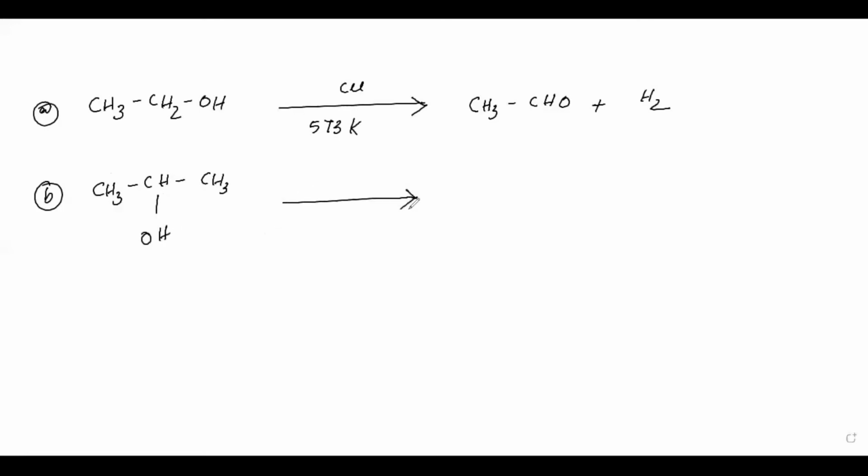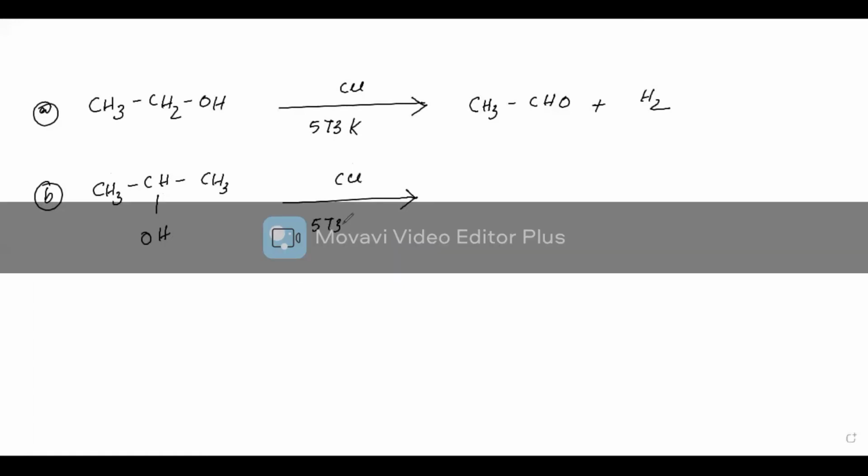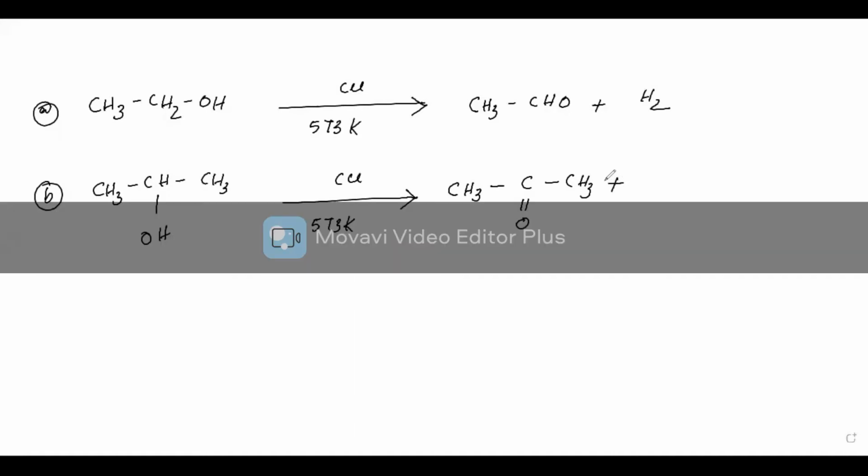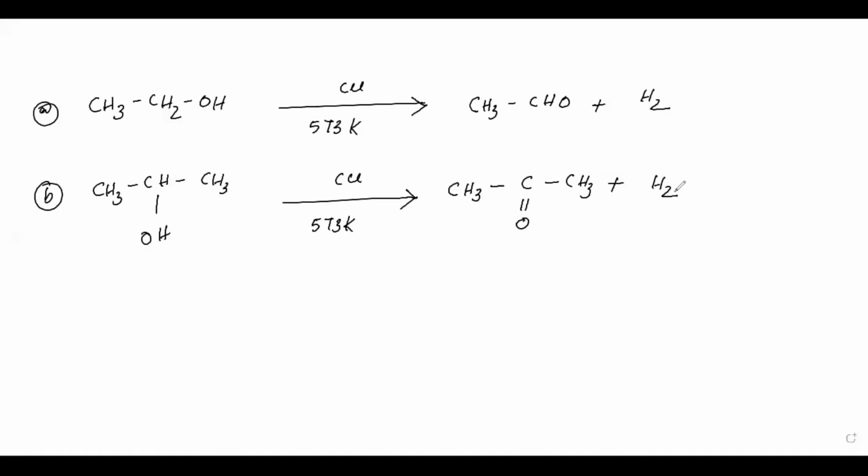The same procedure, vaporizing in the presence of copper at 573 Kelvin, we get ketones, that is CH3, C double bond O, CH3. And what is the byproduct? The byproduct is hydrogen because it is a dehydrogenation process. Okay, clear?